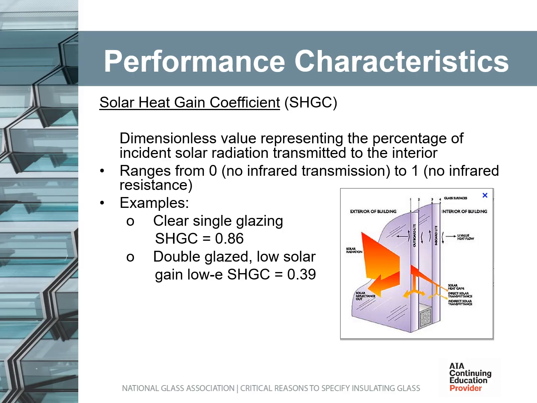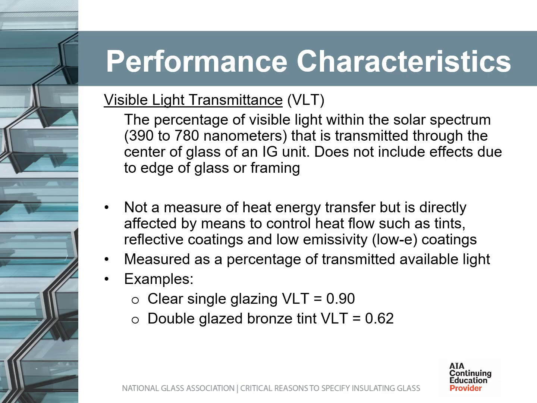If the SHGC is high to help heat in the winter, it could be a problem with overheating in the summer. Visible light transmittance, or VLT, is the amount of light in the visible portion of the spectrum, 390 to 780 nanometers, that passes through a glazing material. A higher VLT means there is more daylight in a space.